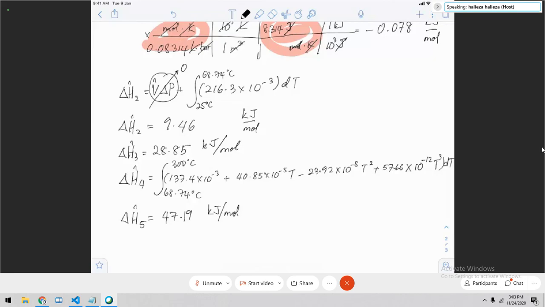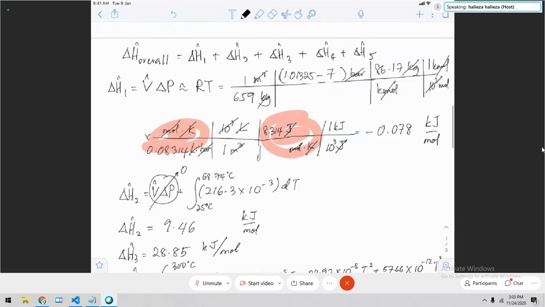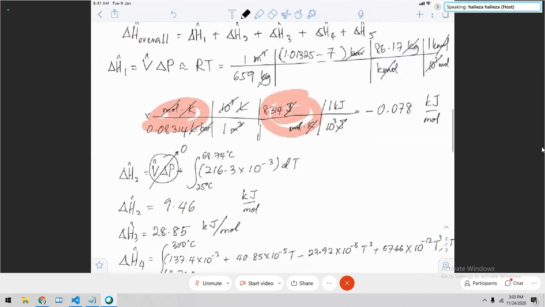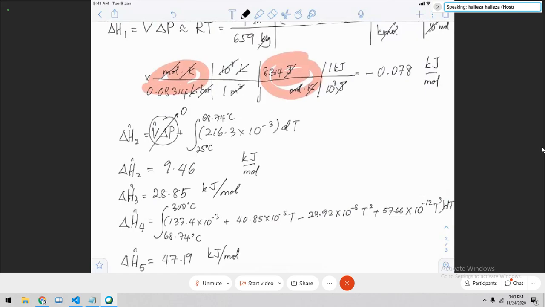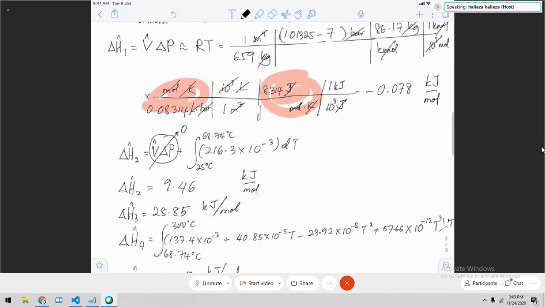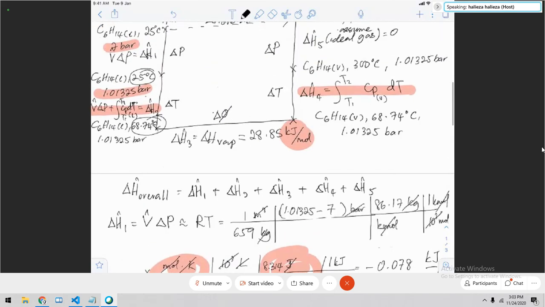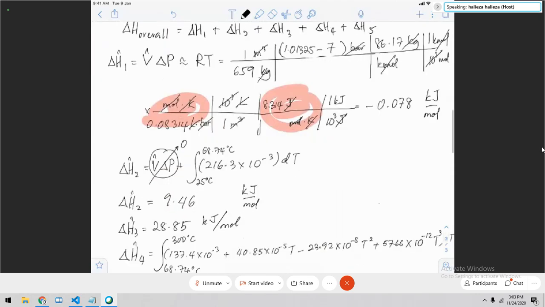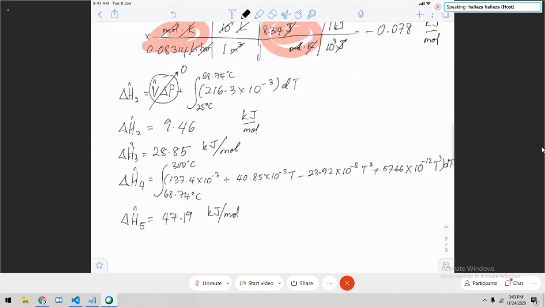Sorry, that's a ΔH4, not 5. 1, 2, 3. It's 4, isn't it? Yes, it's 4. Okay, 47.19, is it, guys? Clean that up. Okay, that's 4.